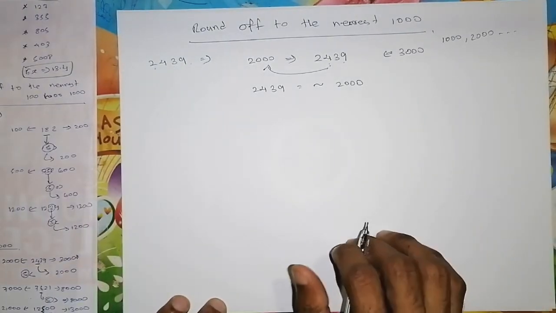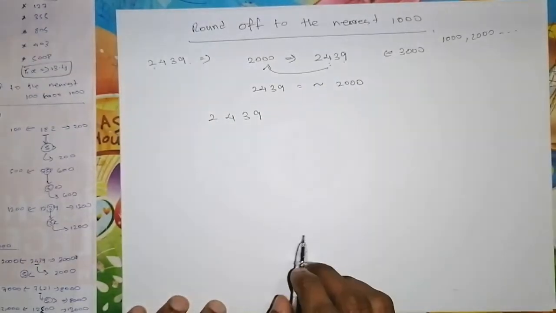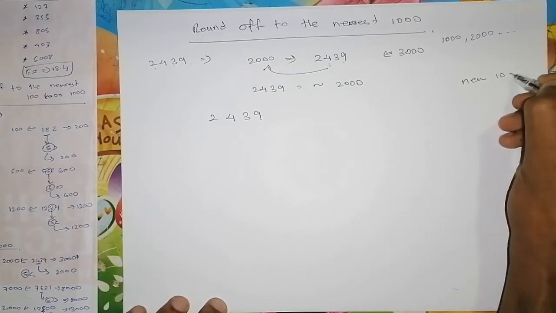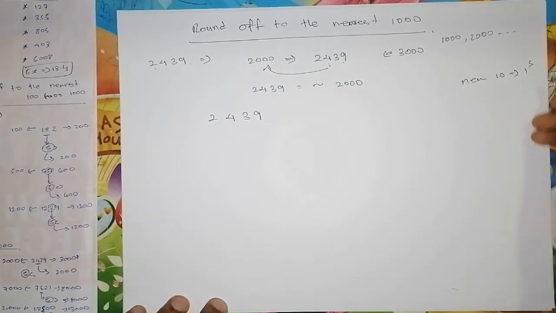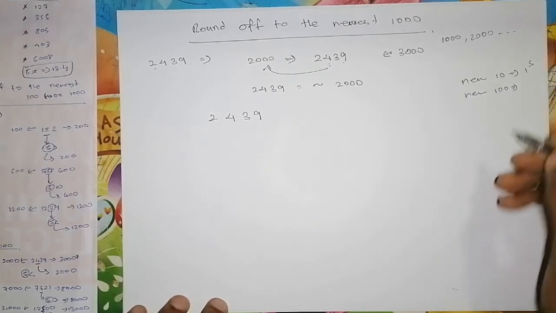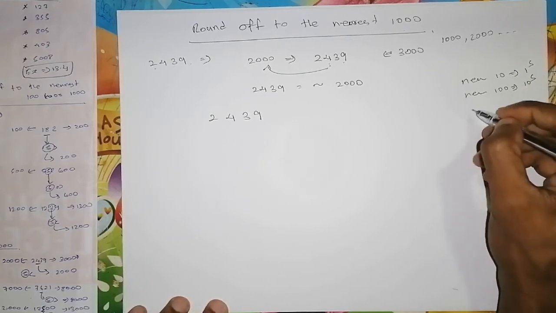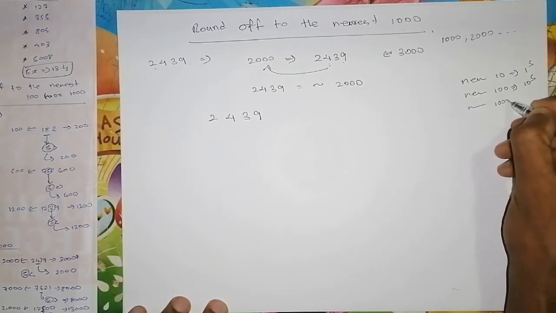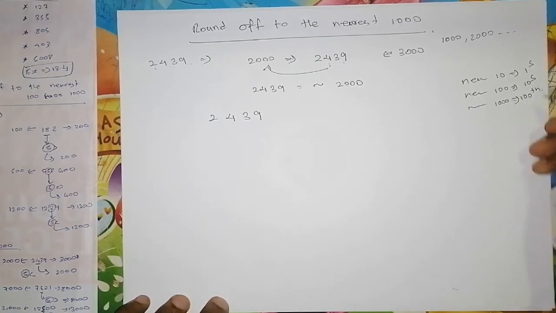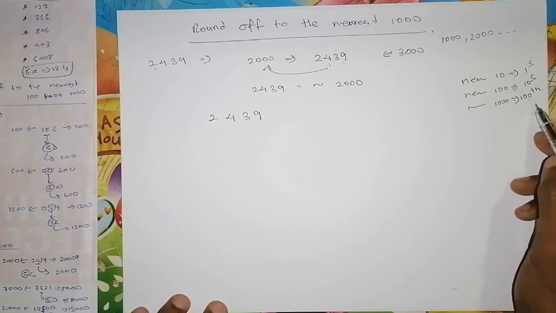Okay, we'll check the second method. For 2439, for the nearest 10, you should check the position of ones. Nearest 100, you should check the position of tens. Nearest 1000 means you should check the value of the digit in the 100 position.